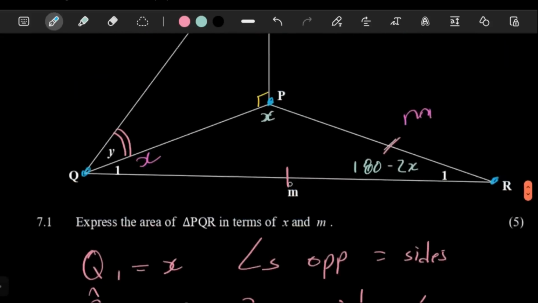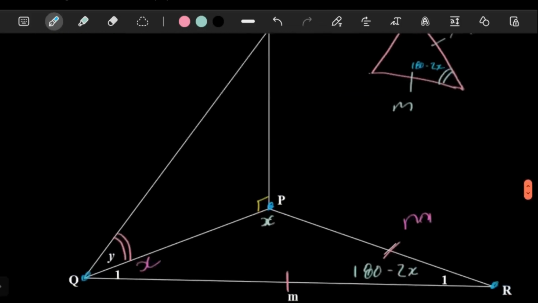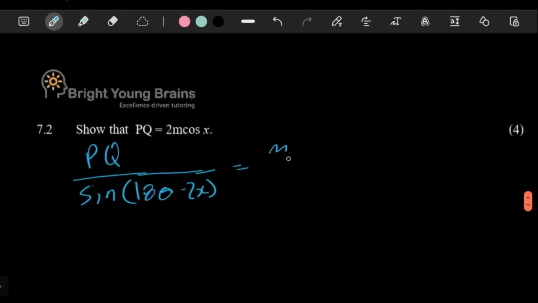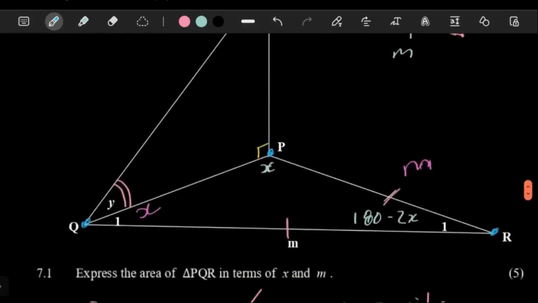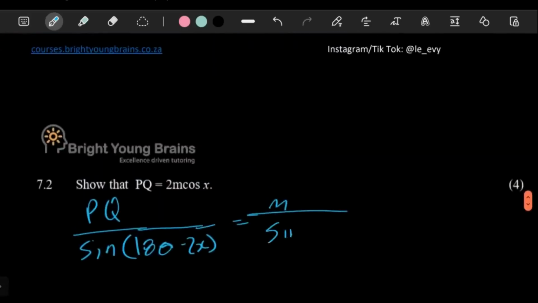Let's do QR, which has a length already. QR is m, so let's do m on top. At the bottom, QR's angle is x, so sine x, because that's how the sine rule works.